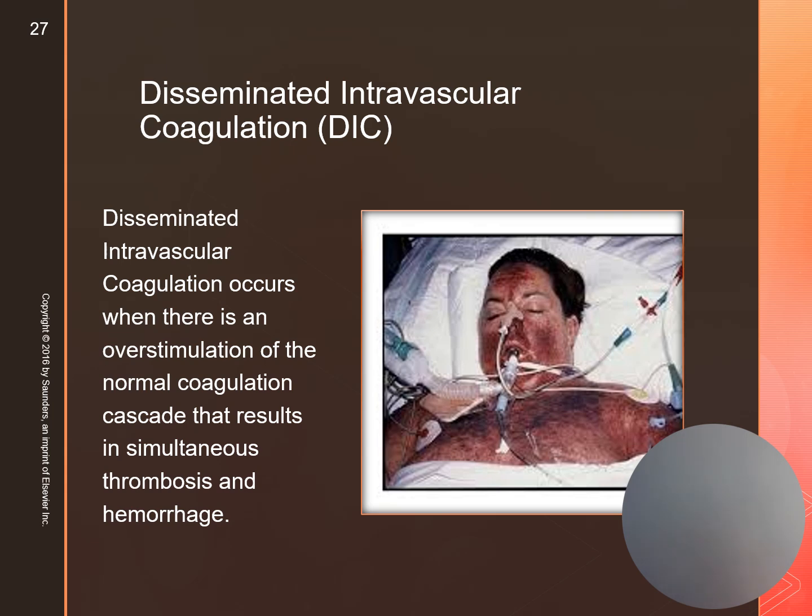Disseminated intravascular coagulation, or DIC, occurs when there's an overstimulation of the normal coagulation cascade that results in simultaneous thrombosis and hemorrhage. This is what we call a hypercoagulable state.